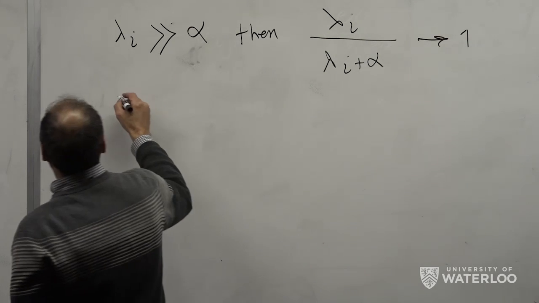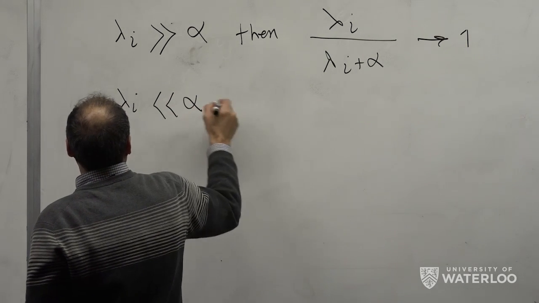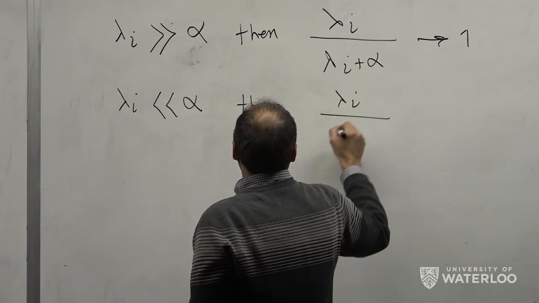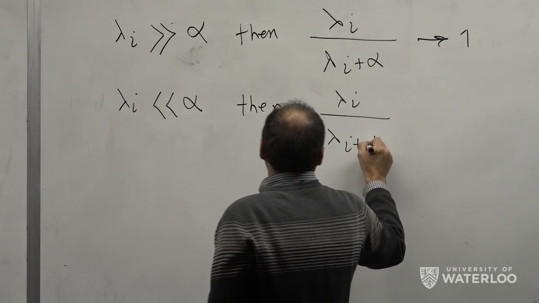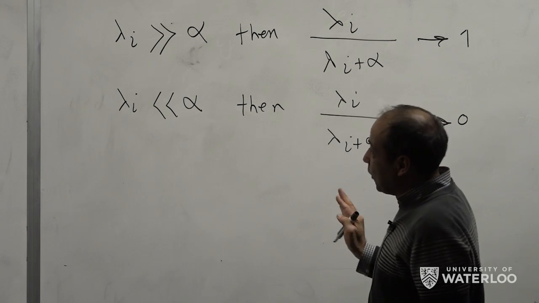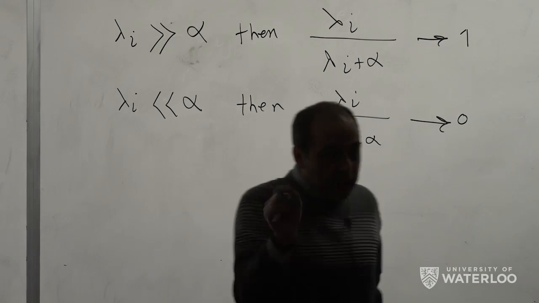But if lambda i is way less than alpha, then lambda i over lambda i plus alpha goes to 0. And the corresponding column of U will be knocked down.